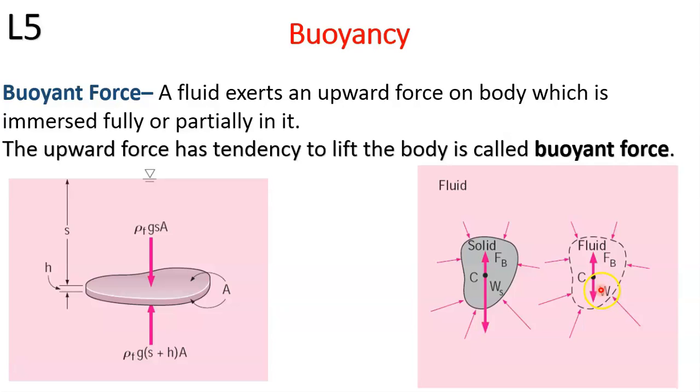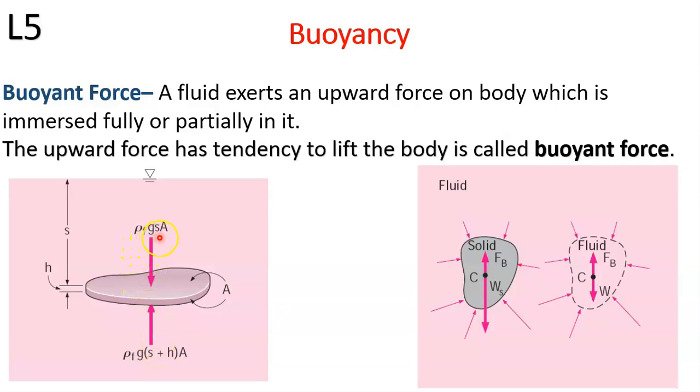Now let us consider that a flat surface of thickness h and area A is submerged in the fluid. The submerging depth of the upper layer is, say, S. H is the thickness of the submerged surface, and here we have two forces as we have discussed.